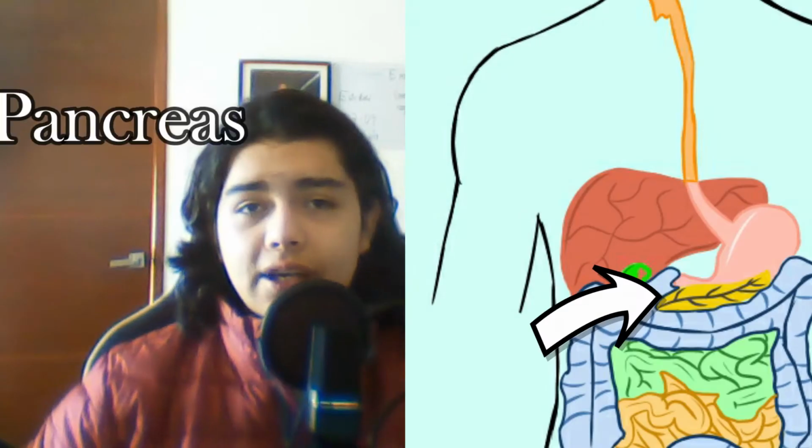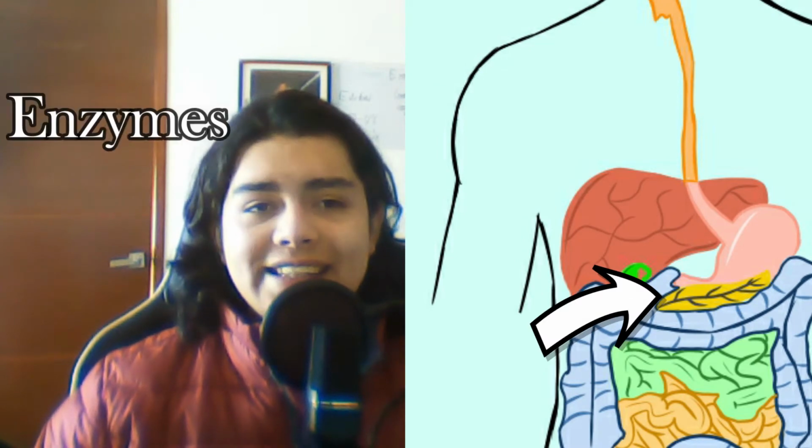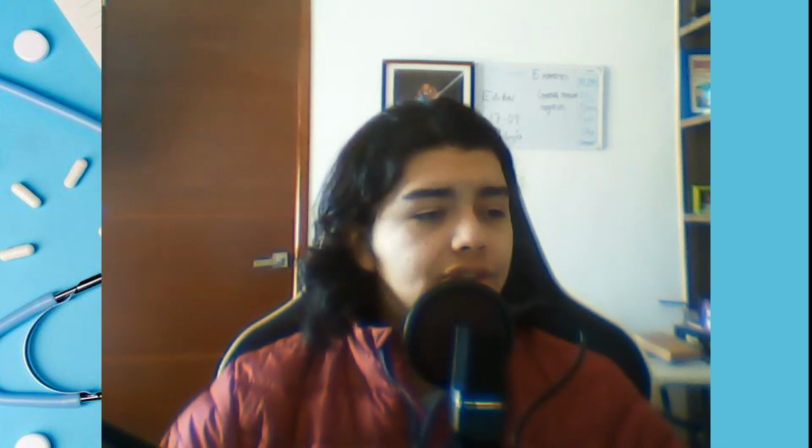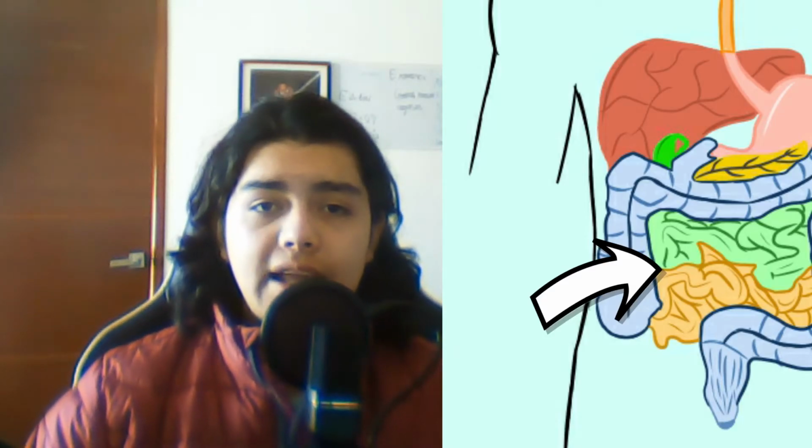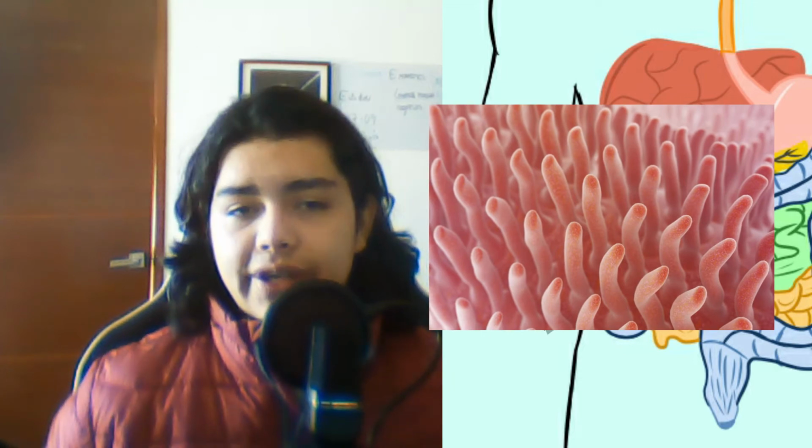This bile is important because it helps us break down fats. The pancreas produces enzymes. These will break down sugars, more fats, and some starch. This will help us too to make hormones, so it's very important to take care of it. Now, when it enters the small intestine, the villi will absorb all the nutrients that we need.